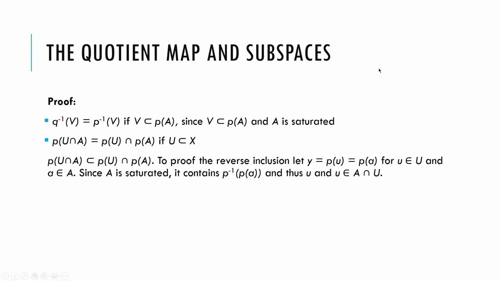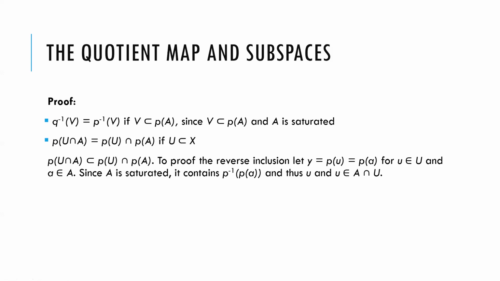To prove the reverse, we will have y equals P of u equals P of a, where u is in big U and small a is in big A. Since A is saturated, it would contain P inverse of P of A, and thus it would contain u.